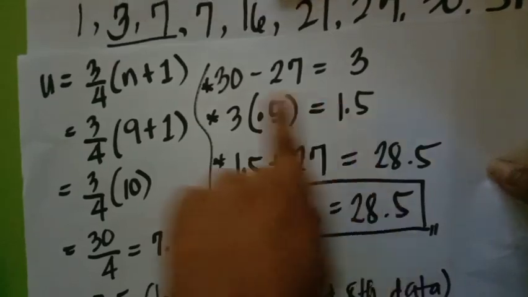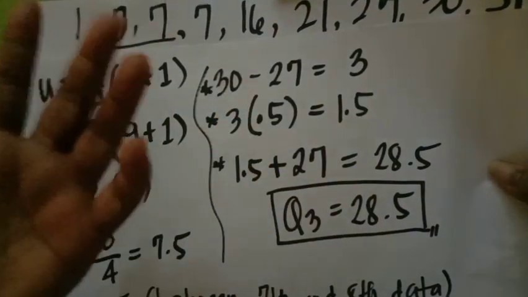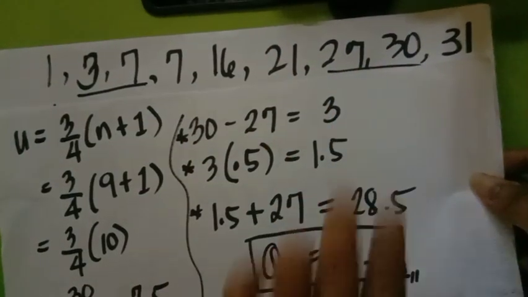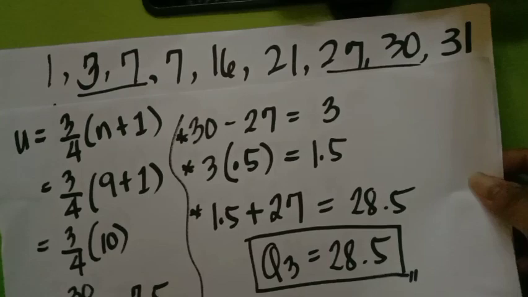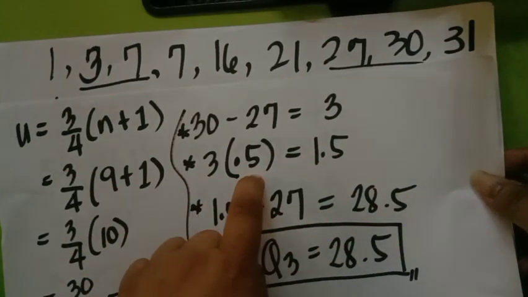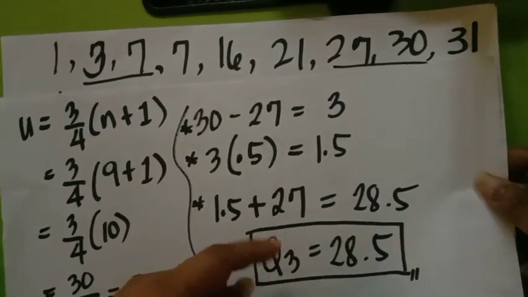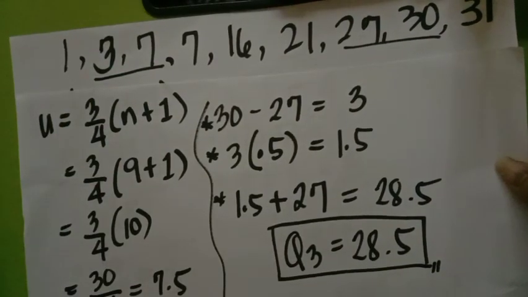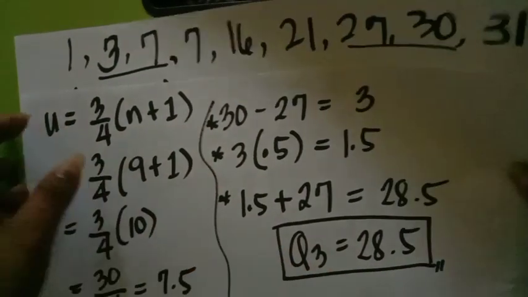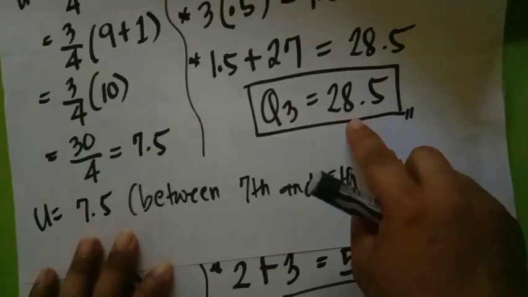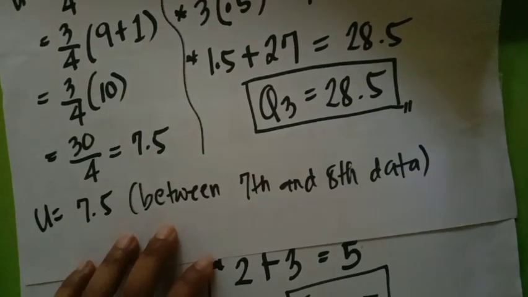So, kung yung 1.5, idadagdag nyo dun sa 30, that is 31.5, mas mataas na siya sa 30. Wala na siya sa pagitan ng 27 and 30, which is the 7th and 8th data. That is why, yung product ng 3 and 0.5, so that is 1.5, dun nyo lang idadagdag sa smaller data. So, therefore, our upper quartile is equal to 28.5. So, ang sagot natin, the first quartile is equal to 5 and the third quartile is equal to 28.5.